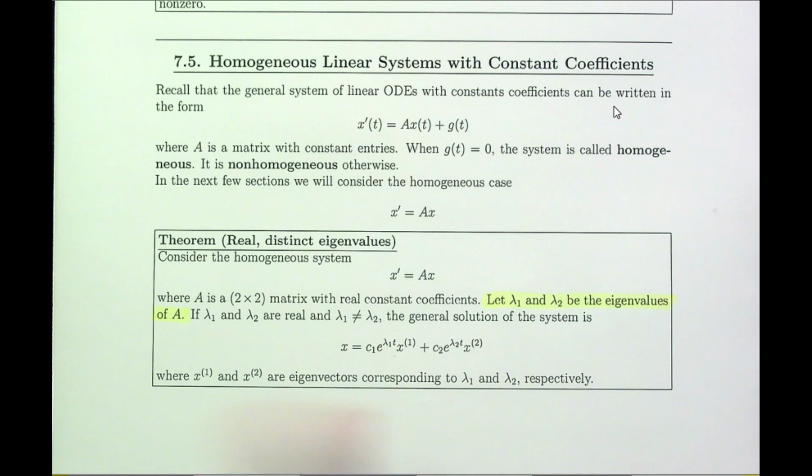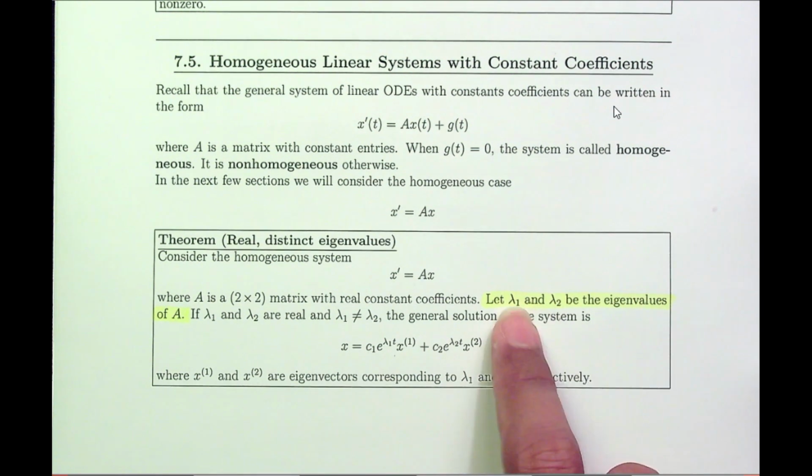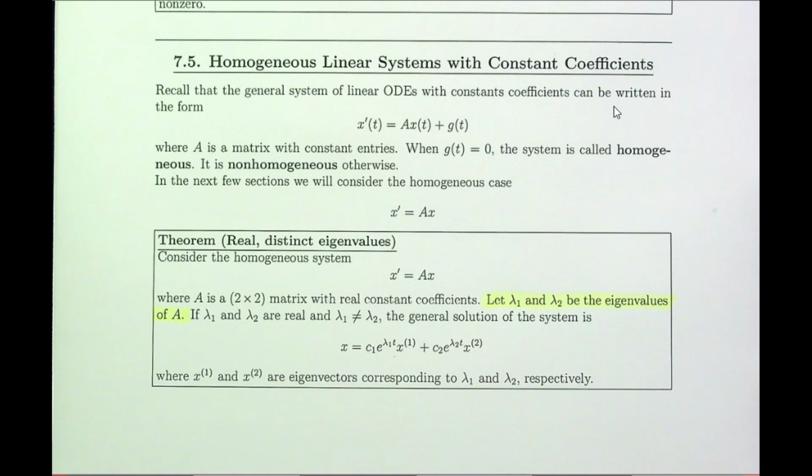The eigenvalues, remember, are also the roots of a characteristic equation of the matrix, which is the determinant of A minus lambda I. So the eigenvalues lambda 1 and lambda 2 are still the roots of the characteristic equation, which in this higher dimensional context we call eigenvalues.